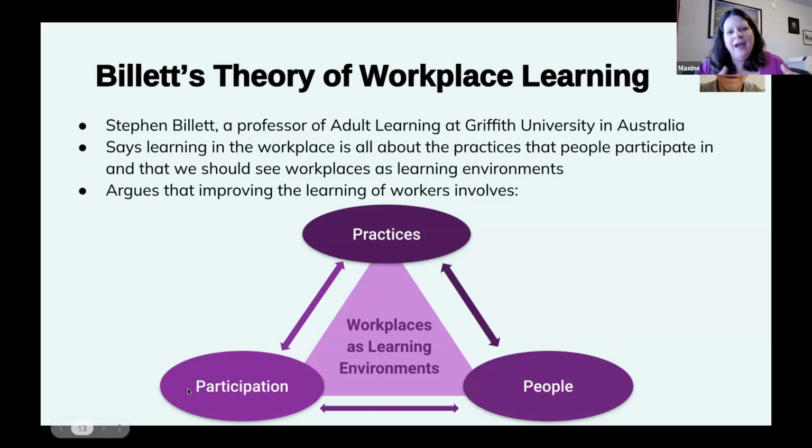That if you have a place, a culture where teachers are wanting to engage in learning together, there's a culture of collaboration. This is where the professional learning community research came from, right? The ways in which people in a workplace participate affects the kinds of learning that happens. We saw some of that as you were sharing some of your experiences.